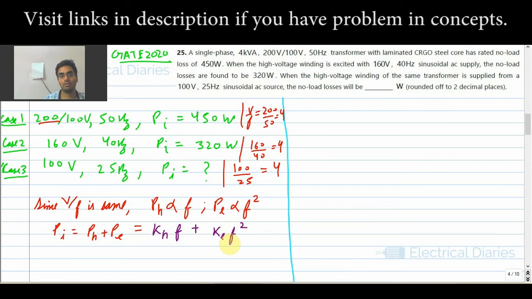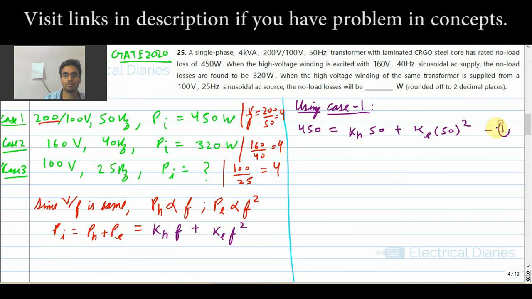So now one thing I have got, that I have been given these two cases to find out this KH and KE value, and then I can put this KH and KE value in this case. Okay, so I will get my total iron losses. Okay, so using case 1, the equation will become 450 watts, the iron loss, is equal to KH into 50 plus KE into 50 square.